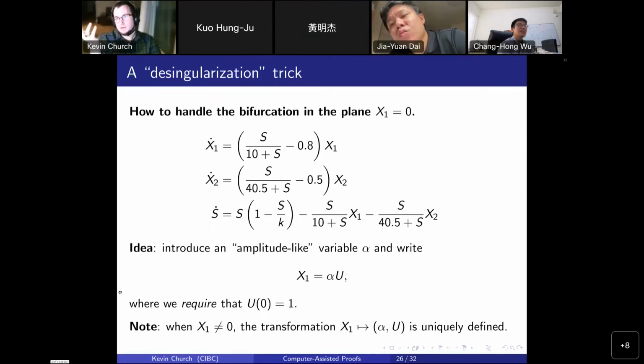And it could be that the computer assisted proof in the regime where you're not at the bifurcation could still fail when you're that close. On a technical level, if you had a big enough computer, you could get arbitrarily close to the bifurcation.